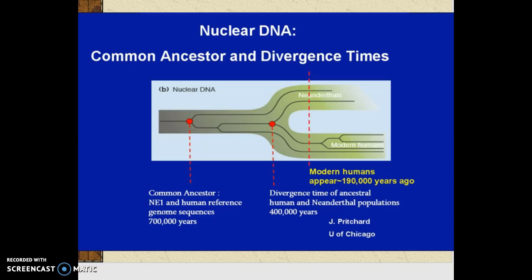But we can look at modern humans and say, okay, what's considered a modern human appeared about 190,000 years ago, somewhere in this time frame. And there's an ancestral population that was running around about 400,000 years ago, and this is when there was a divergence. The population splits.